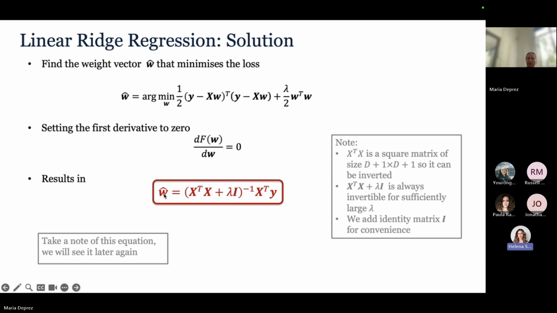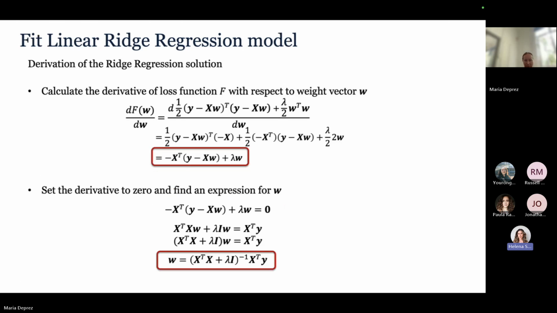And depending on how noisy it is and how many data points you have, you need a larger lambda to make it stable. So that's the whole point of the ridge penalty, to stabilize it. So that's that, and here this identity is just to show that we put lambda on all the diagonal points.